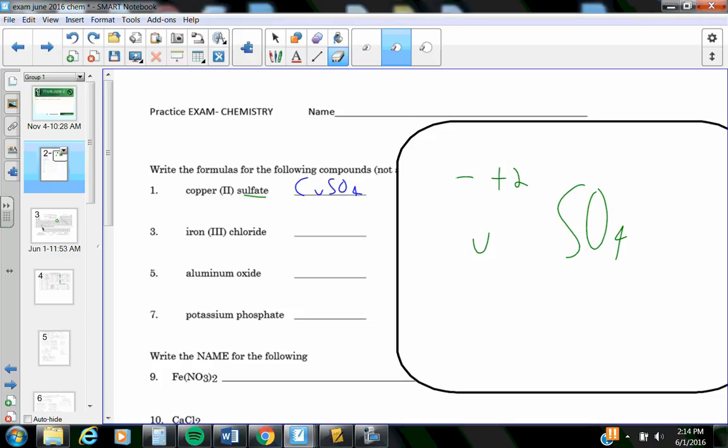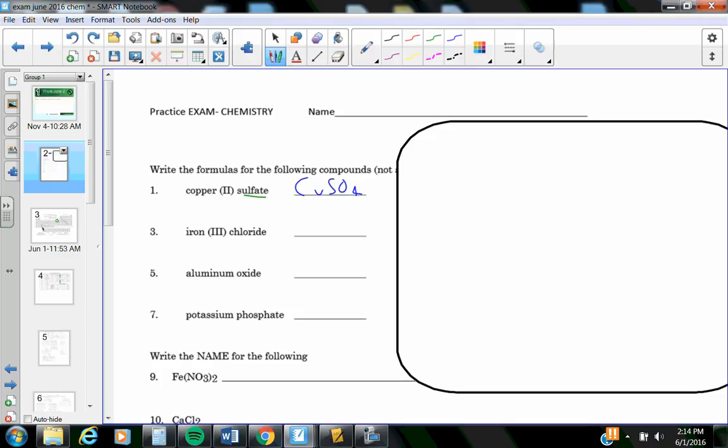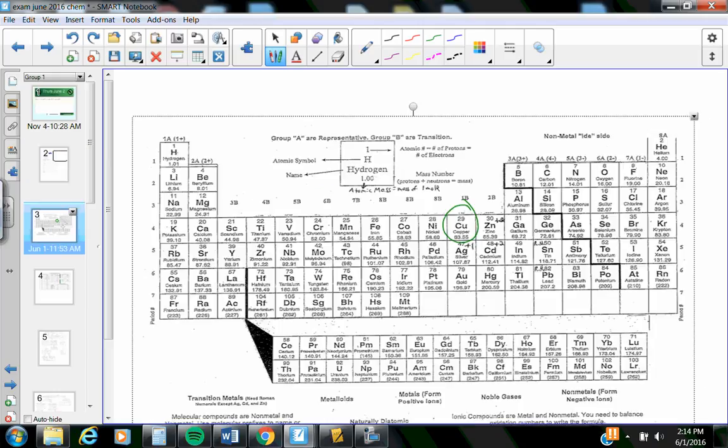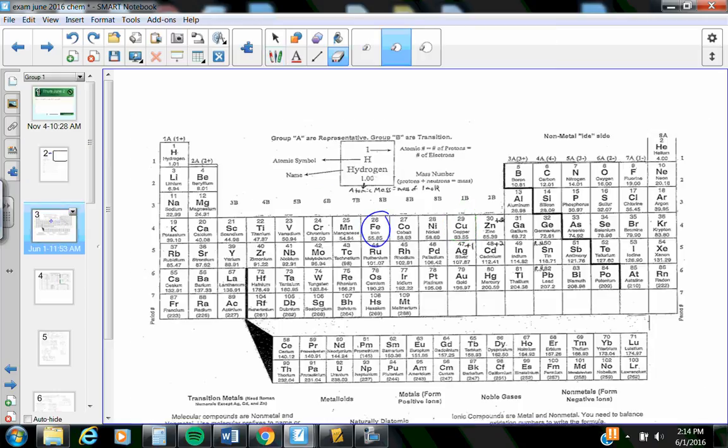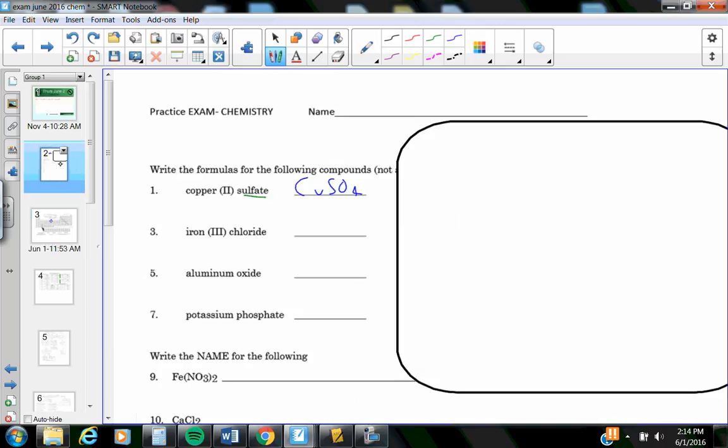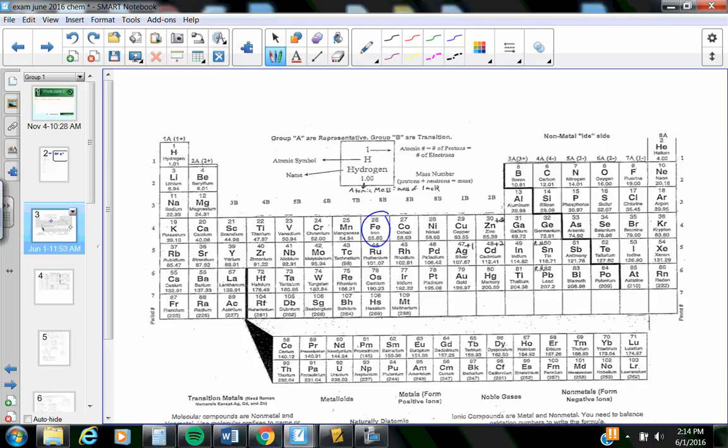Next one, also not an acid, also no prefixes, it's ionic, iron 3 chloride. Iron is also a transition metal. You're not going to find its charge at the top, but it tells you it's an iron with a +3 charge. Chlorine is on the nonmetal-ide side. It's got a -1 charge. Chlorine with a -1.